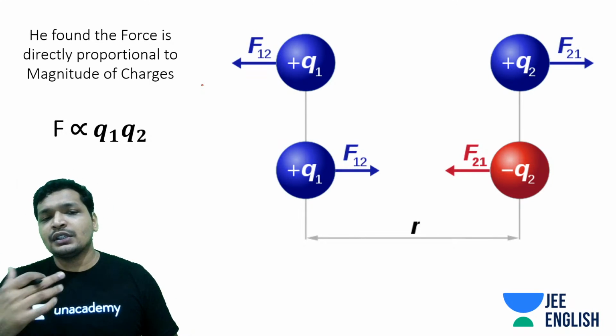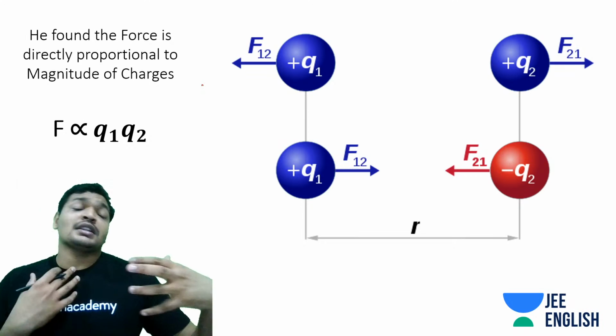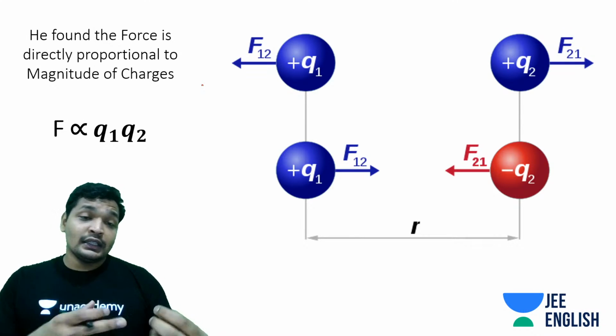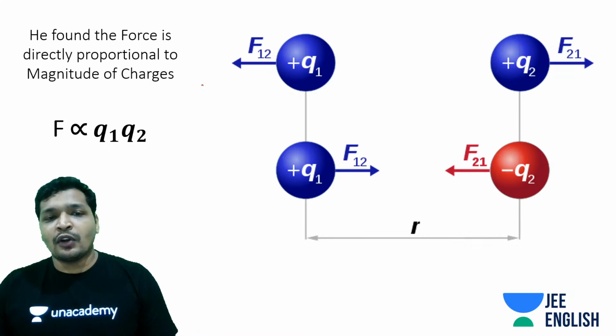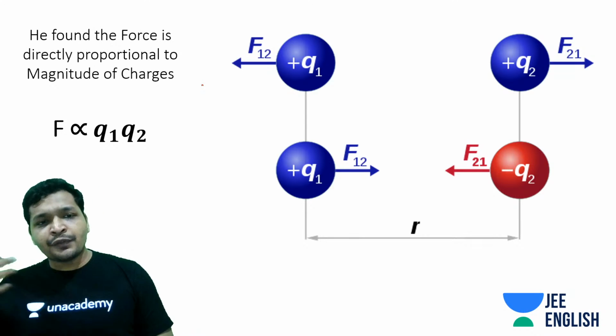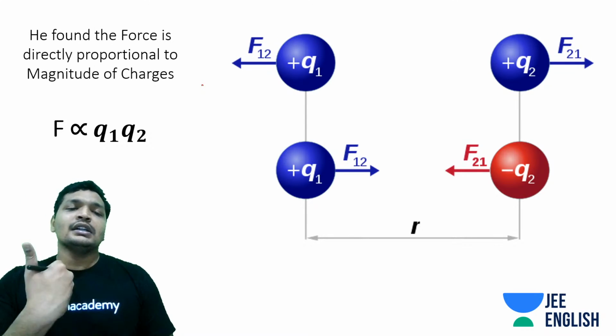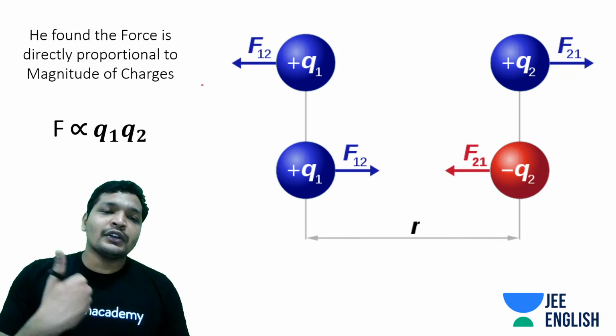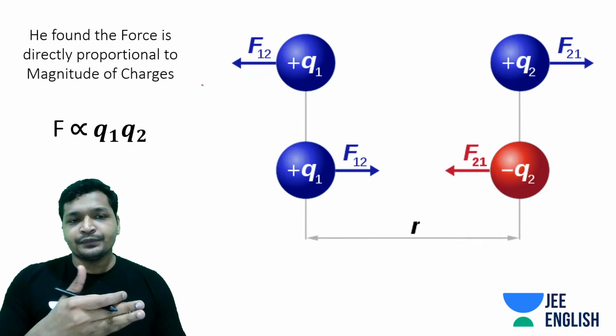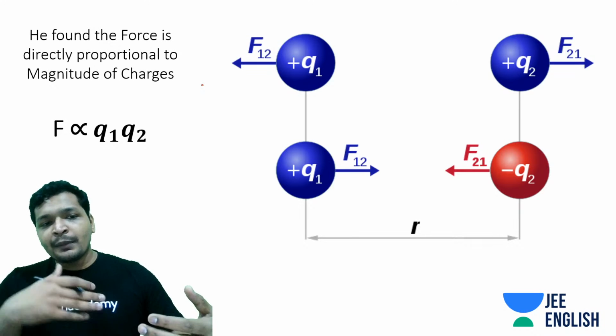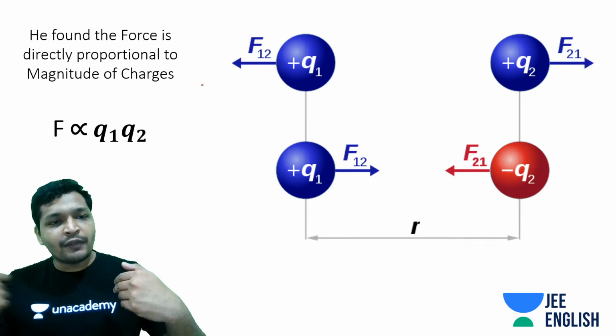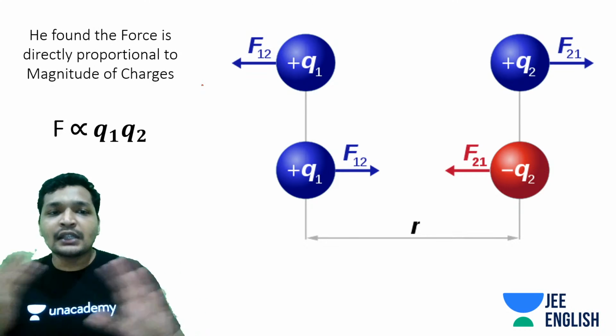He increased the charge in the torsion balance. Try imagining the torsion balance, and he increased the charge on one of these spheres. The repulsion force was greater, the deflection was greater. In a torsion balance, you are measuring that deflection, the degree of deflection. So he saw that the deflection is high as the magnitude of charge increased.